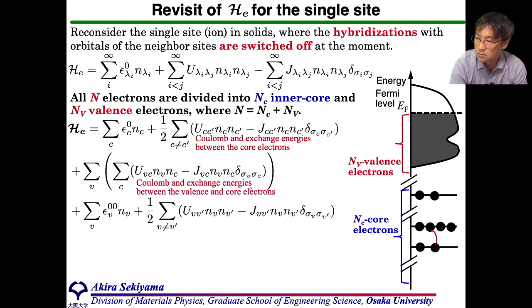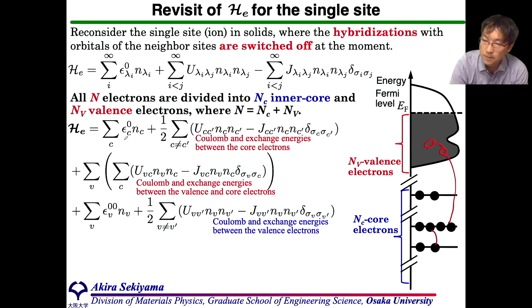And the third term stands for the Coulomb and exchange energy between the valence and core electron. For instance, this one and this one. And this term stands for the one-electron valence band energy without considering any Coulomb and exchange interaction. And this term stands for the Coulomb and exchange energy between the valence band electrons, like this one.